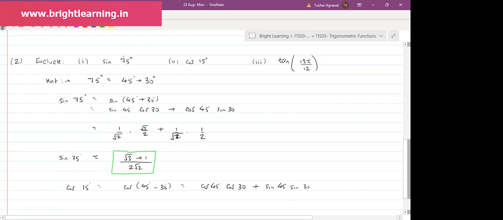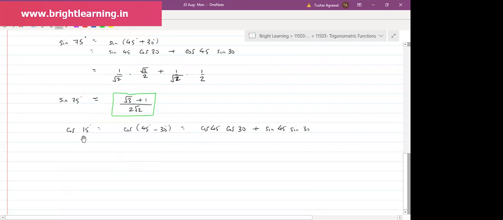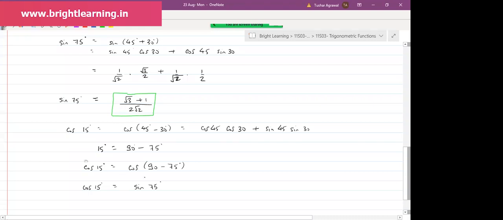But how is it a coincidence that both these answers are same? Observe one thing, that 75 degree and 15 degree, they are complementary angles. 15 degree is equals to 90 degree minus 75 degree. So you know that cos of 15 degree is same as cos of 90 minus 75, and cos of 90 minus theta is what? Sin theta. Added angles, we did not add angles. 90 plus theta, 90 minus theta, 180 plus theta, 180 minus theta.